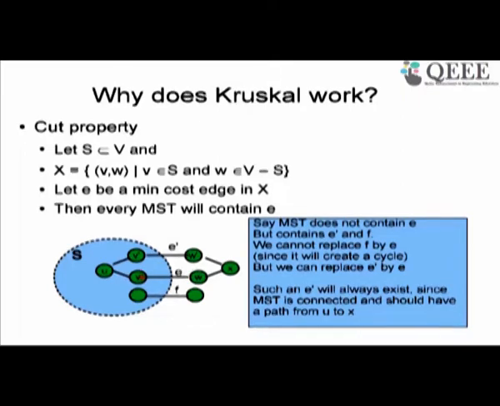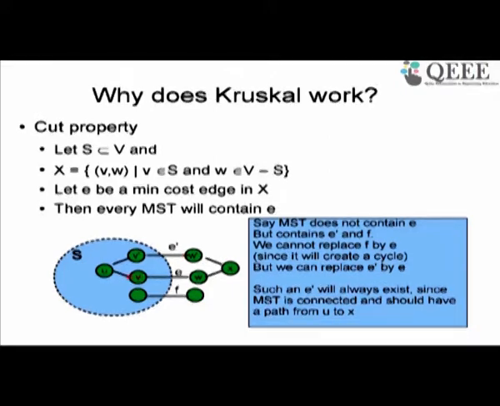So there is a path from V to W which is not going through E, because E is not in the minimum spanning tree. That path will go through U, let's say V prime, W prime, X, and then come to W. So it will go through nodes inside S, then come outside S, then join to W. Somewhere that path connecting V to W has to cross the boundary between S and outside of S, and that place where it's crossing the boundary, let's say V prime.